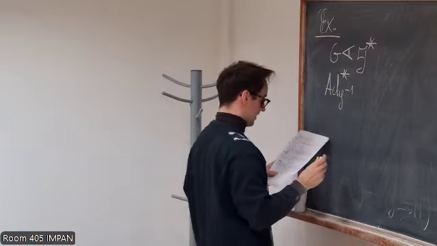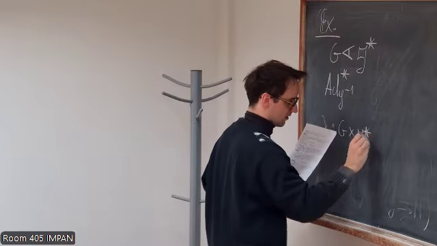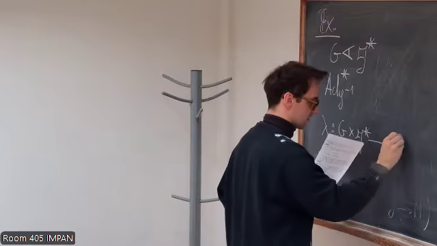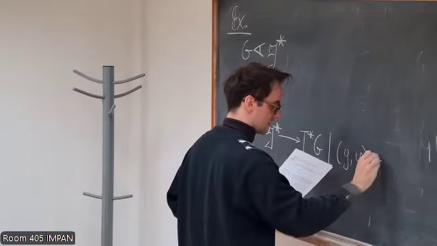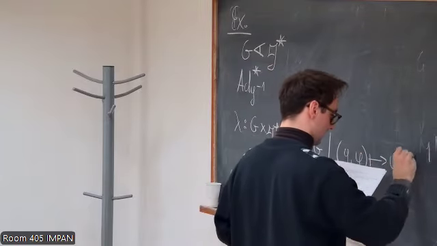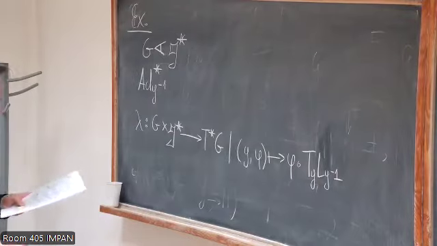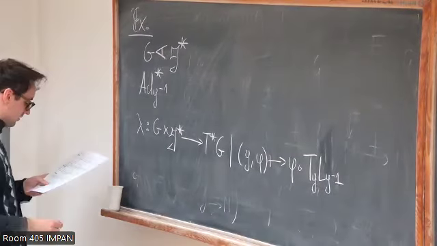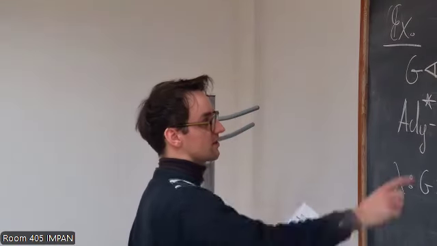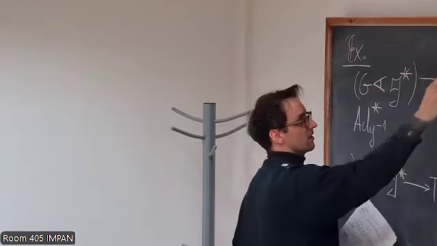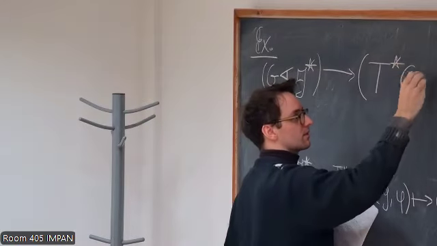Then the left realization of G on G star defines, composed with inverse, an isomorphism of groupoids.